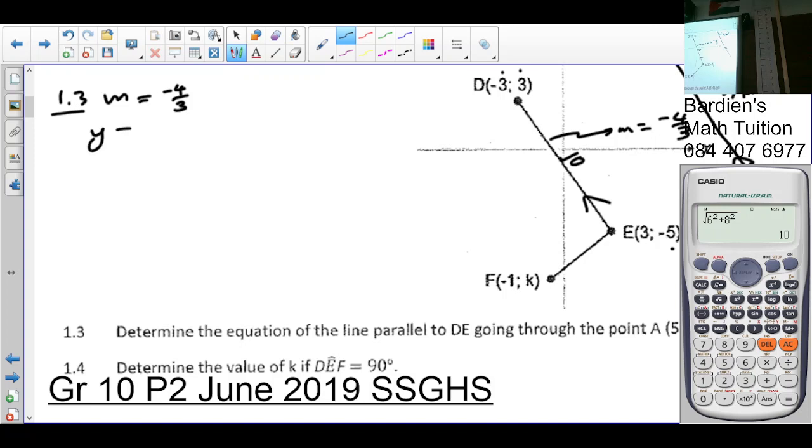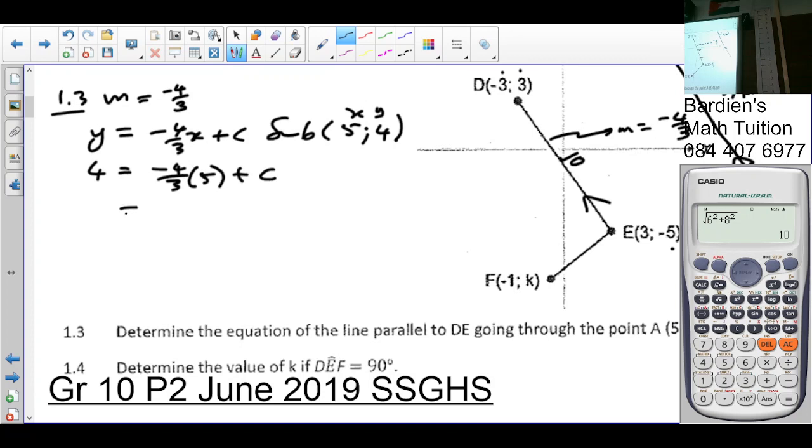So you say y is equal to negative 4 over 3x plus c. We're going to substitute 5 and 4, that's an x and a y. So 4 is equal to negative 4 over 3 times 5 plus c. So c is equal to 4 plus 20 over 3.